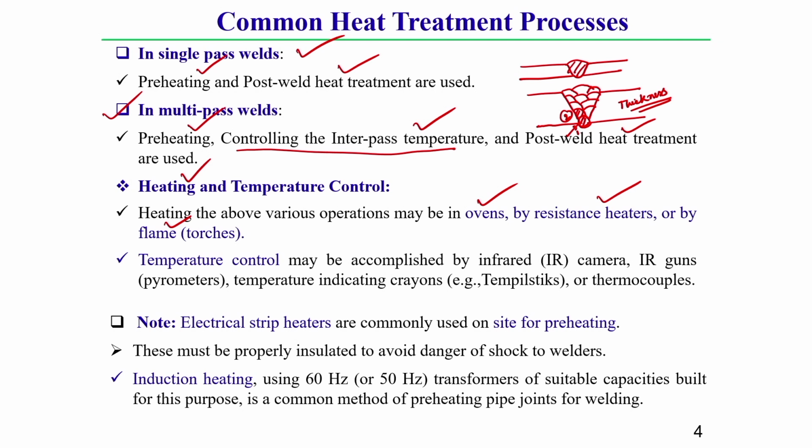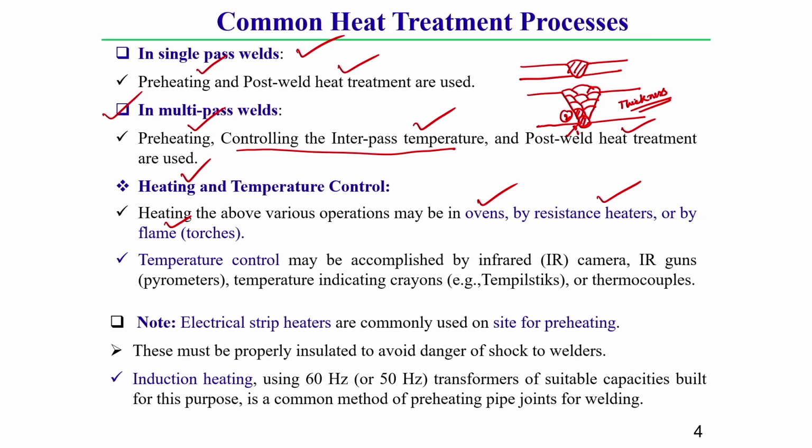And how do we control the temperature required for preheating, post weld heat treatment and interpass temperature? For controlling this temperature, we need to have some temperature detector. That temperature detector we generally use for controlling the temperature required for preheating, post weld heat treatment as well as interpass temperature.